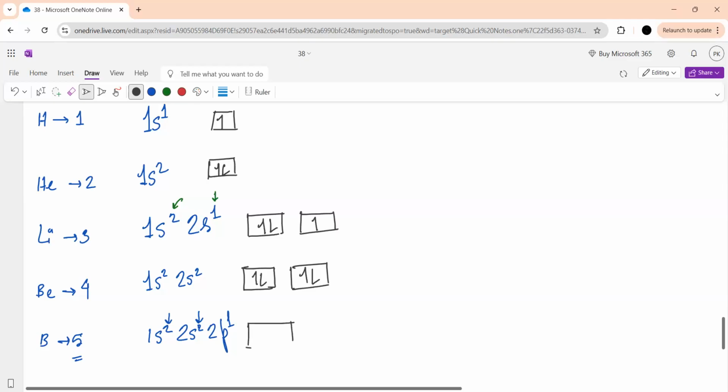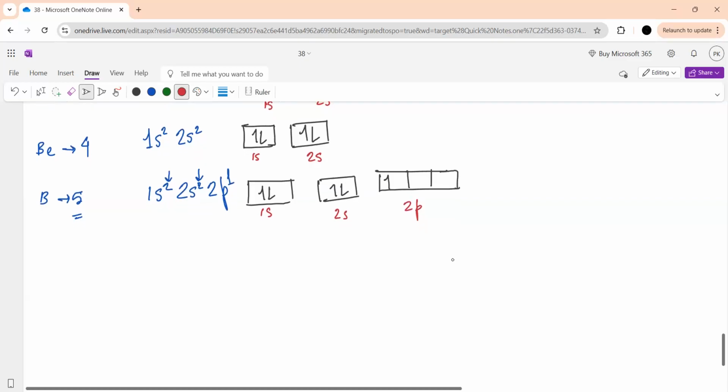For boron, 1s2, 2s2, 2p1. Only one electron in the p orbital, right? So this is 1s, this is 2s, and 2p. Fine?